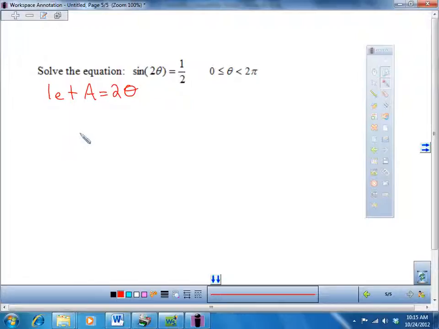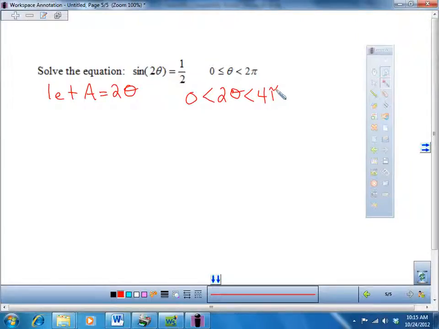If theta is between 0 and 2 pi, then 2 theta would be between what two things? 0 and 4 pi. Very nice.